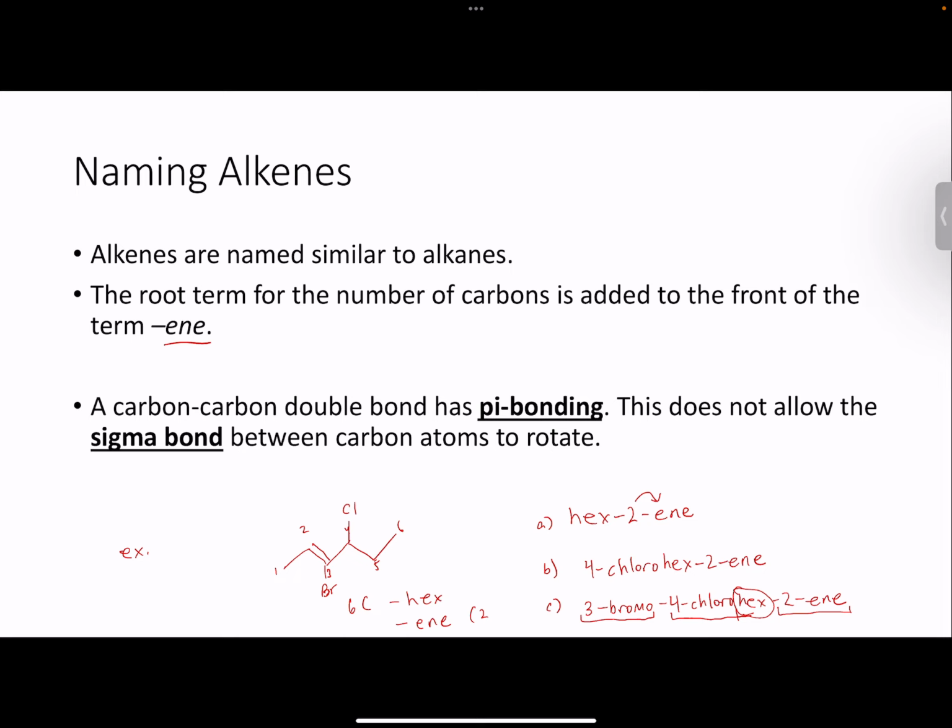If we've studied hybridization at this point, which we're unlikely to, but if we have gone over it, the carbon double bond has something called pi bonding. This does not allow the carbons to rotate. So you can think of it like a handcuff. If I have two bonds like this and they try to rotate around each other, what they're going to do is get crossed over like two elastic bands, and they're going to unwind.